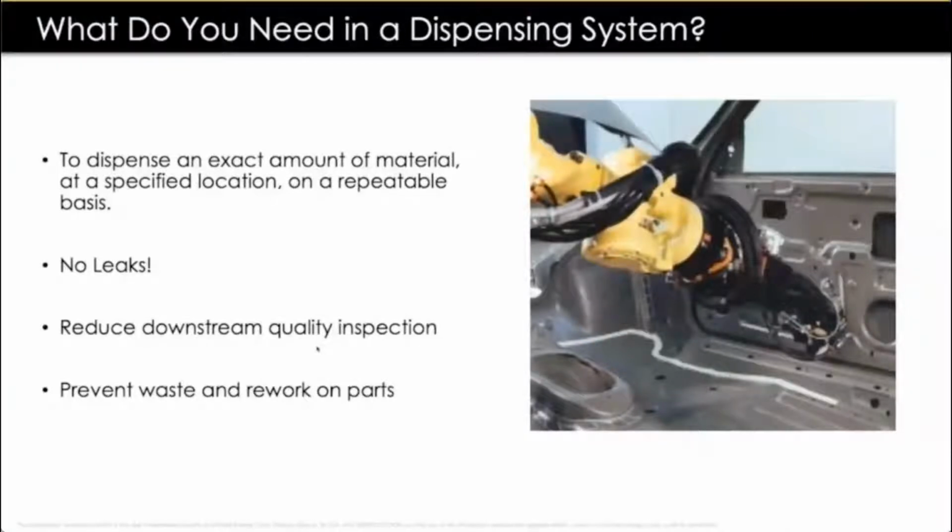More times than not, once the part is joined with the adhesive and we do a leak test and find a failure, not only is that part scrapped, but we've seen up to 60, 70 parts behind it that also have to be scrapped or quality checked in order to understand where that break is, because the inspection process is so far downstream from the adhesive dispensing process. We've done a lot of other things in the manufacturing process before we get to leak testing, and now we have to throw that lot away or try to do repair.